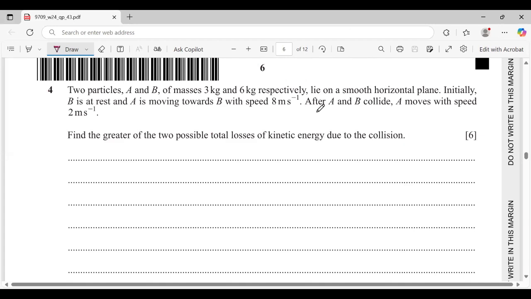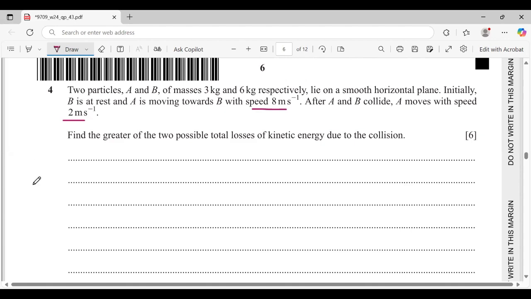So first, B is at rest and A is moving to B with the speed 8 meters per second. And after collision, the A speed becomes 2 meters per second.